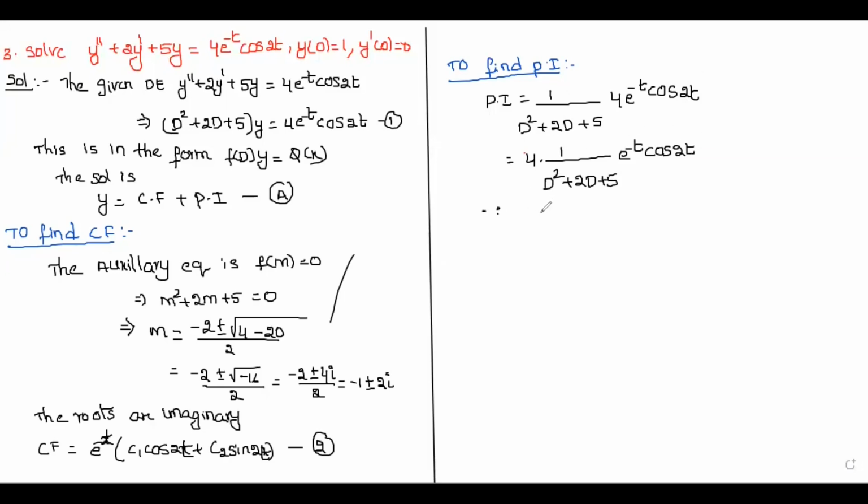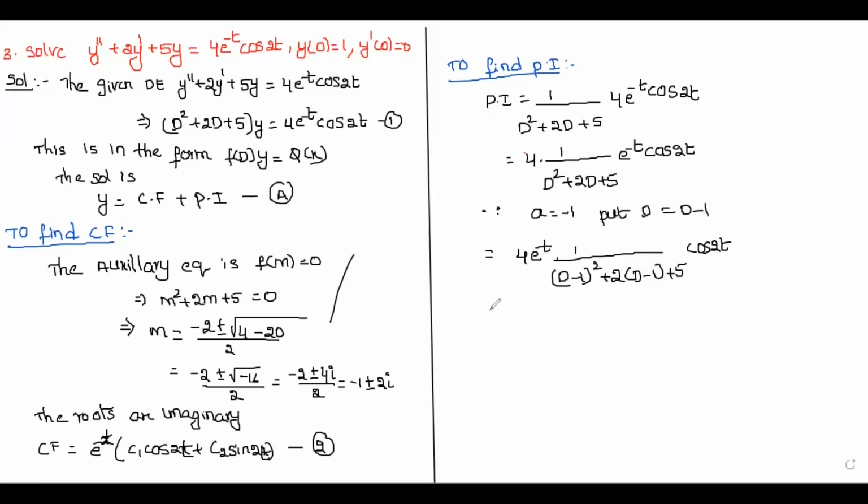Since a value is equal to minus 1, put D is equal to D minus 1 and bring e power minus t to the left hand side of 1 by f of D, which is equal to 4 into e power minus t into 1 by D minus 1 whole square plus 2 into D minus 1 plus 5 into cos 2t.